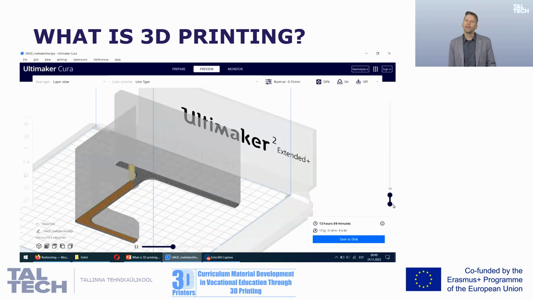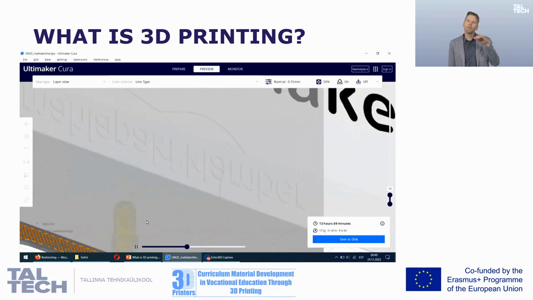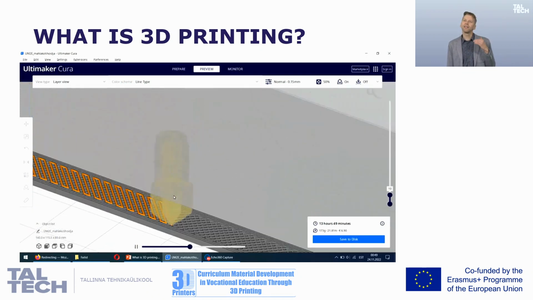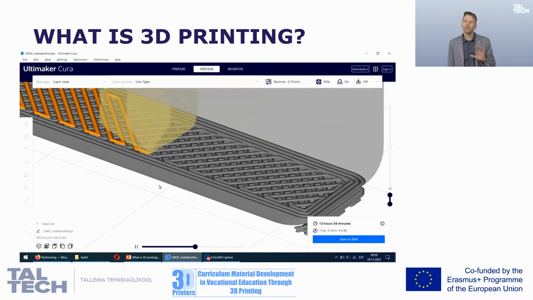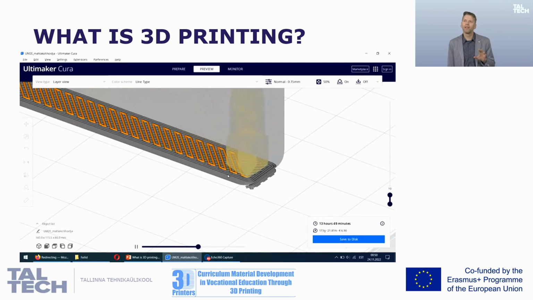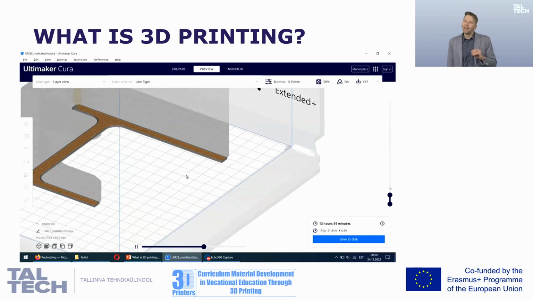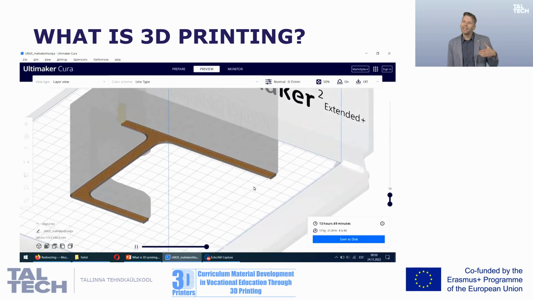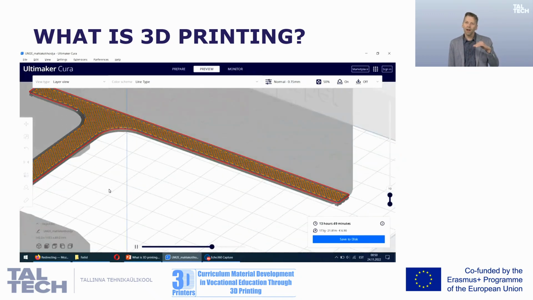Here you can see that the material is deposited on top of the building platform by the deposition head. In this case the material is in liquid form, but it can be different depending on the technology. We will discuss it later in other videos. So in this technology we are adding the material, and we are adding it layer by layer.